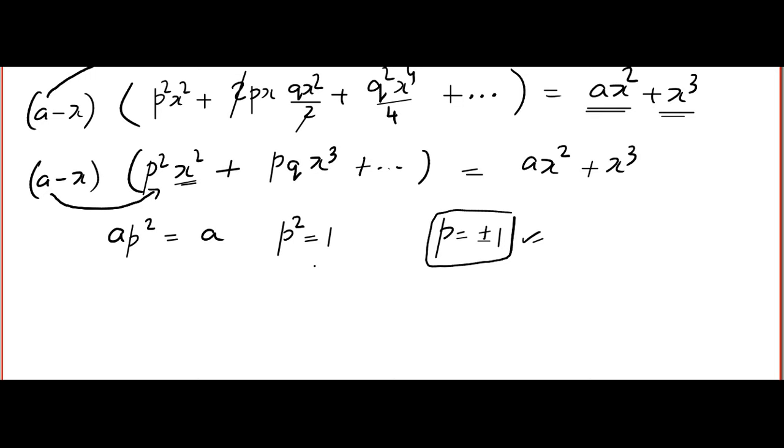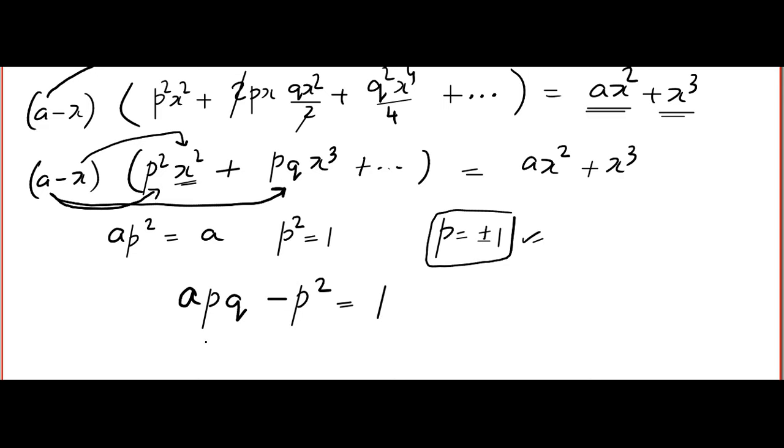And now what we do is we will multiply this and this, that will give me x cube, and if you multiply the first term and this term, we will get x cube. So a pq minus p square is equal to 1.